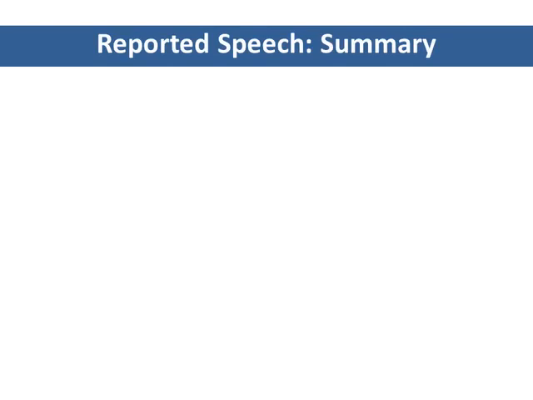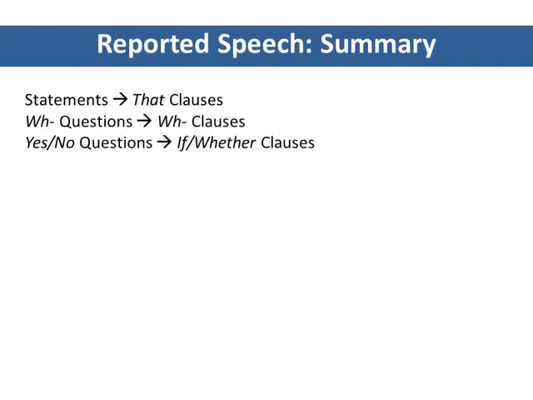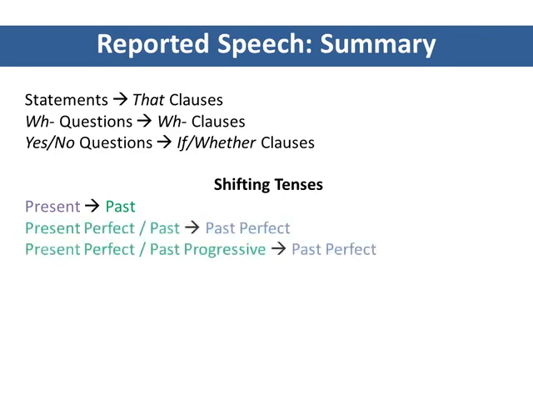Here are the main points to remember about reported speech. Statements are reported in that clauses. Questions are reported in WH clauses or with if or whether. When information is reported in the past tense, shifts in tense occur. Present tense shifts to past tense. Present perfect and past shift to past perfect.